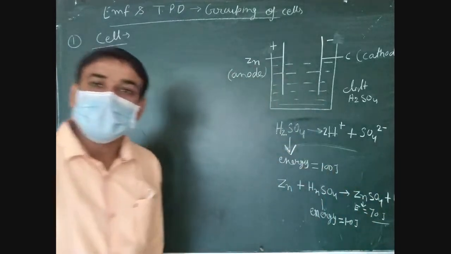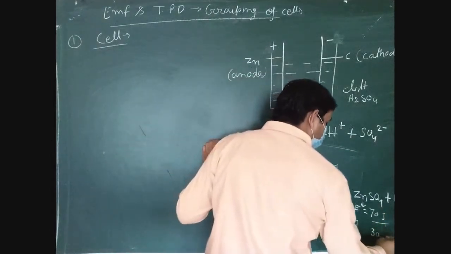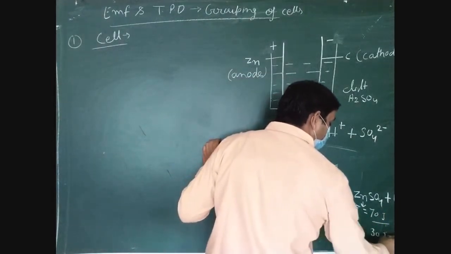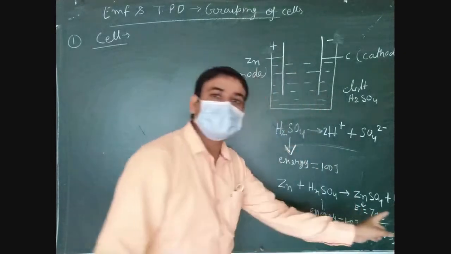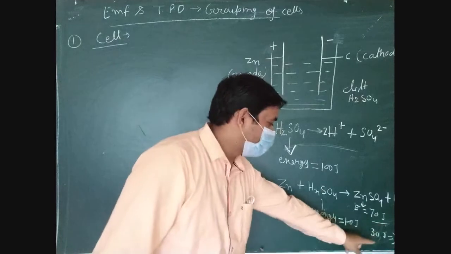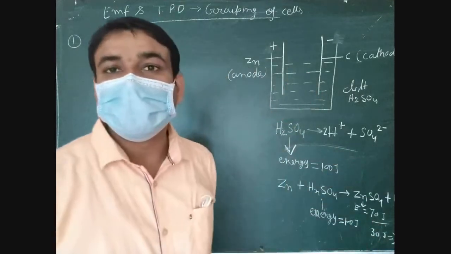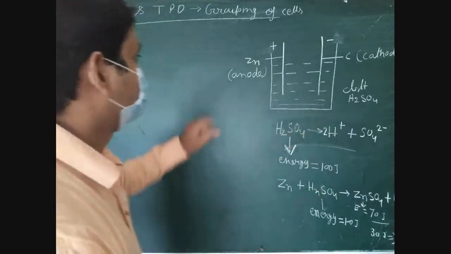Then we find that 30% of the energy is released in the chemical reaction. This released energy is the source of the potential of a cell.